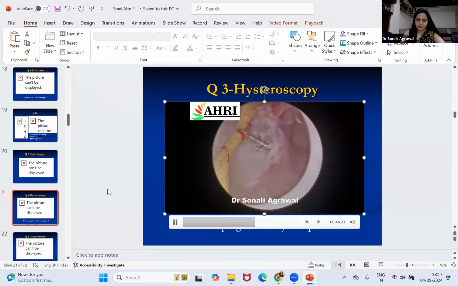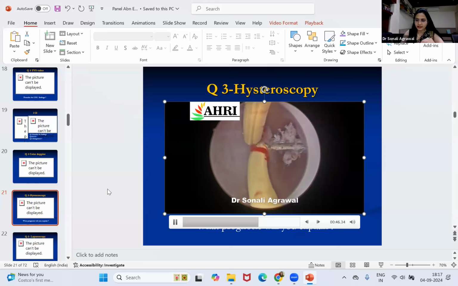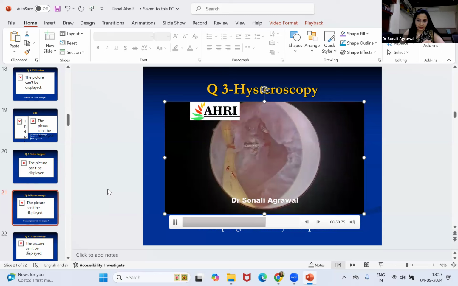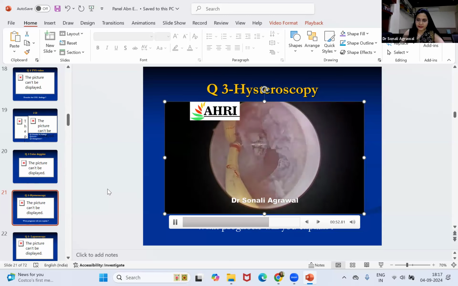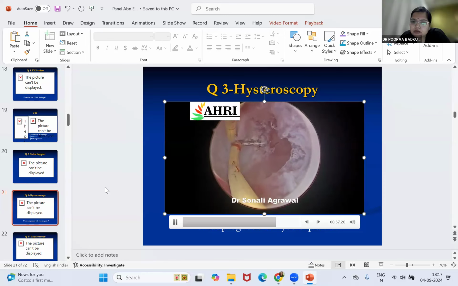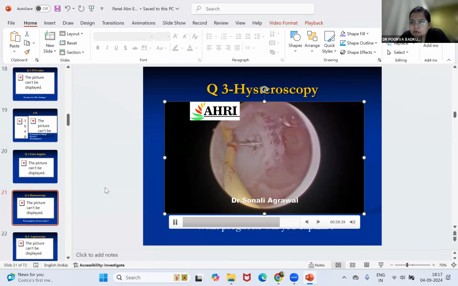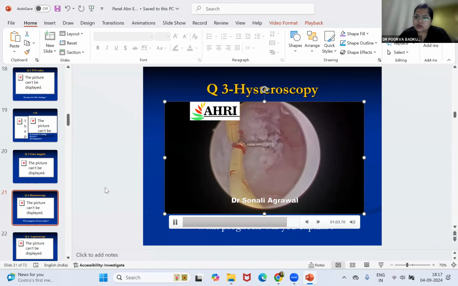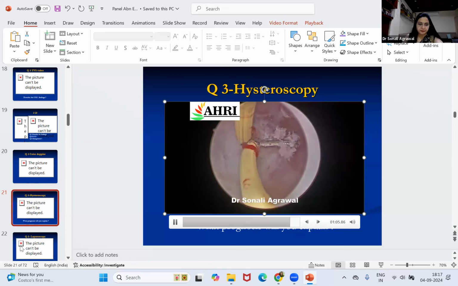So you're suspecting Asherman syndrome. How will you go about the hysteroscopic adhesiolysis, with scissors? And what will you explain to the patient and attendant? We can opt for either of the two. In this, you have used a Collins knife.